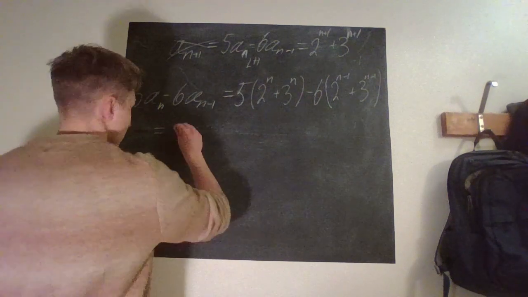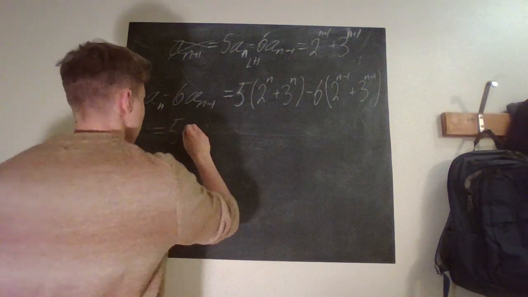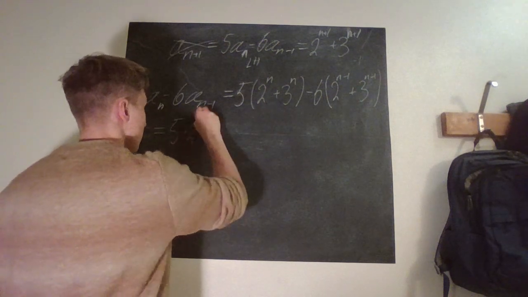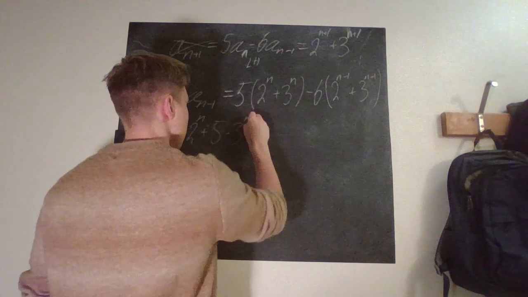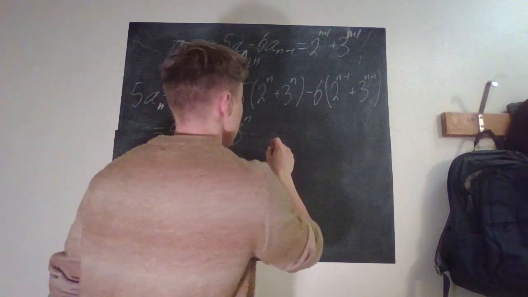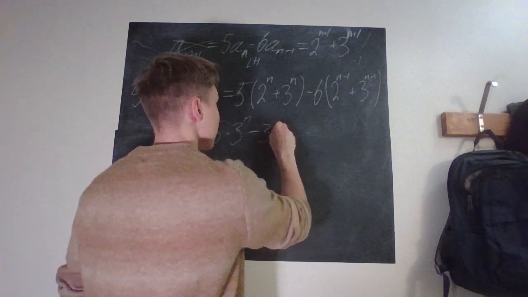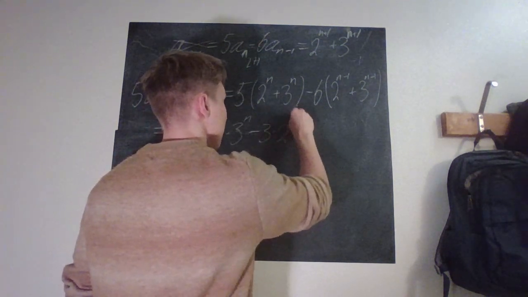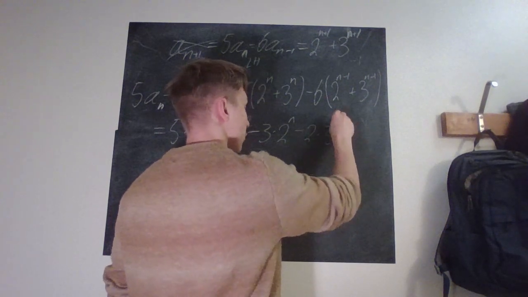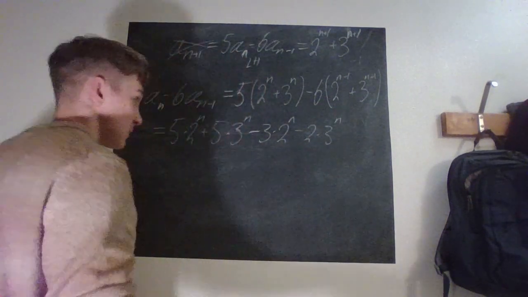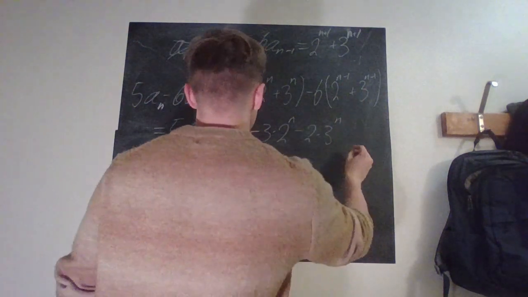So what do we have here? Firstly, we have 5 times 2 to the power of n plus 5 times 3 to the power of n. Then we would have minus 3 times 2 to the power of n minus 2 times 3 to the power of n, because 6 is 2 times 3, and we increase the exponent.